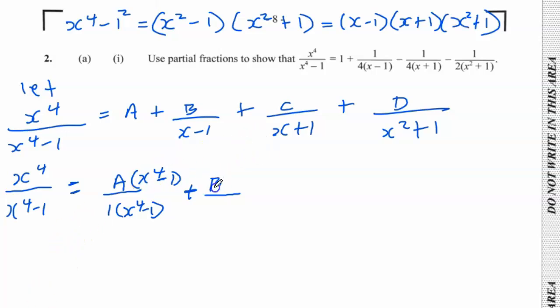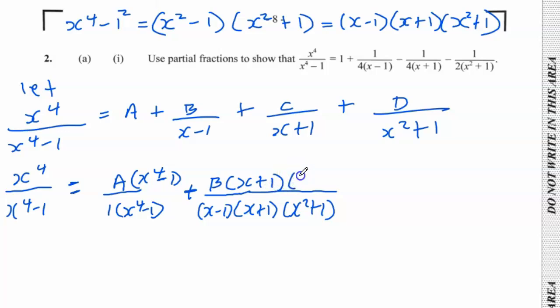So what we currently have is b over x minus 1. Now, to get this to have the same denominator as this, look at the x minus 1. You have to ensure that you multiply now by x plus 1 and x squared plus 1. So if I multiply by x plus 1 and x squared plus 1, I'll have the same denominator. So I have to do the same thing to the numerator, x plus 1, x squared plus 1.